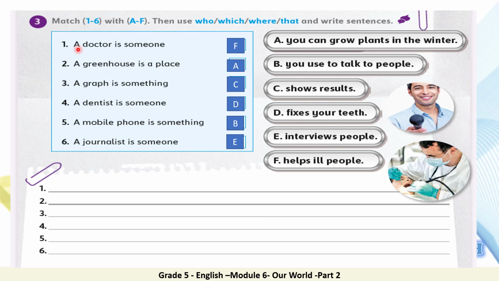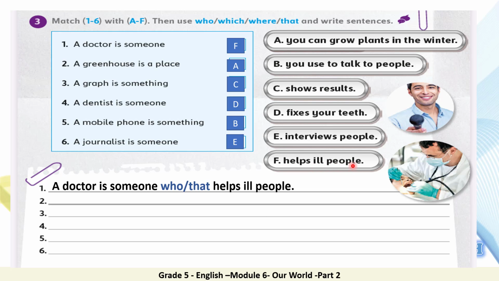Look at number 1 here. A doctor is someone. Which relative pronoun goes with people, my friends? Good job. Who? Or that. So we write a doctor is someone who or that, and then we complete with this, helps ill people.